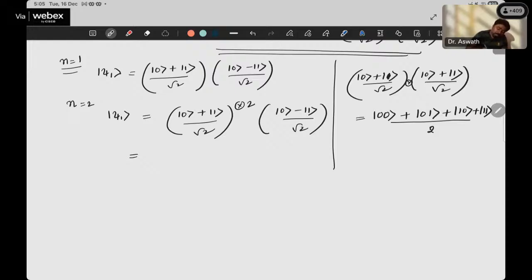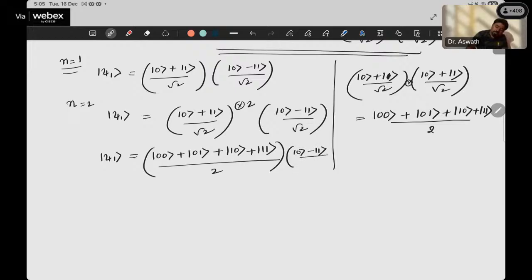So for psi 1 for n equal to 2, I will be getting 00 plus 01 plus 10 plus 11 divided by 2, multiplied by 0 ket minus 1 ket divided by square root of 2. This is the psi 1 for you.